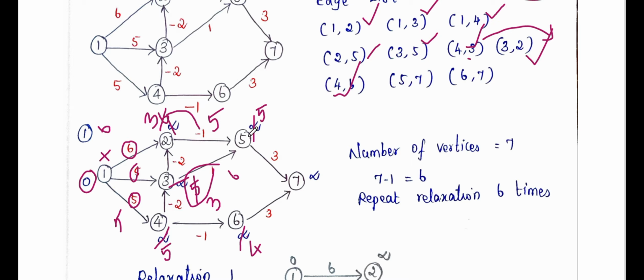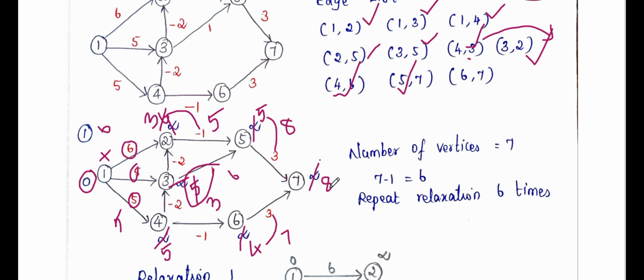Then 5 to 7. Here is 5. 5 plus 3, that is 8. So 8 is less than infinity. So update here 8. Okay, 5 to 7 is over. Then 6 to 7. What is the value? So here 4, plus 3. 4 plus 3 is 7, right?